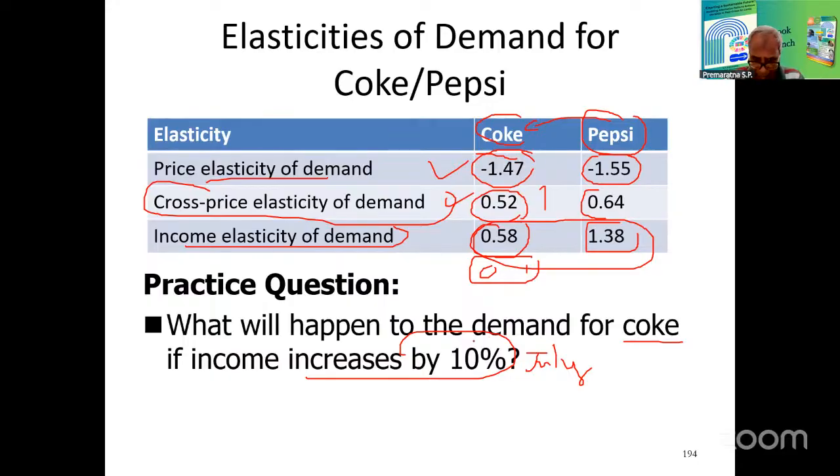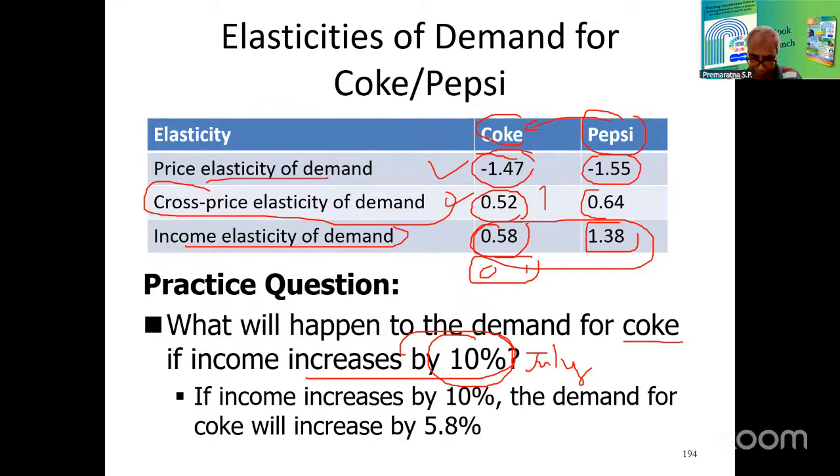Now, in this case, if you predict an income increase of 10%, you can exactly predict how many Coca-Cola bottles demand will increase by. In this particular example, since the income elasticity is 0.58, demand for Coke will increase by 5.8%.